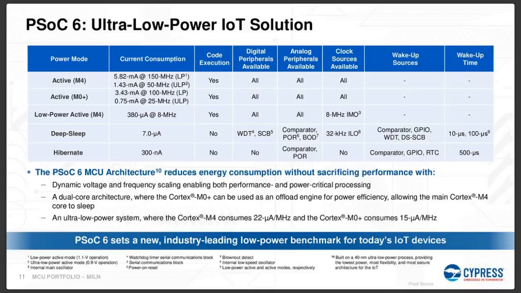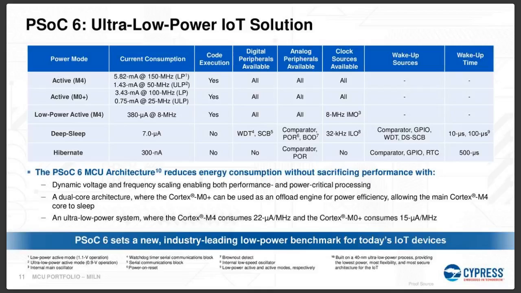Those numbers are pretty low compared to other similar processors. And in this chart, you also see the same numbers for the M0, at 100 megahertz and 25 megahertz for both the low power and the ultra low power.